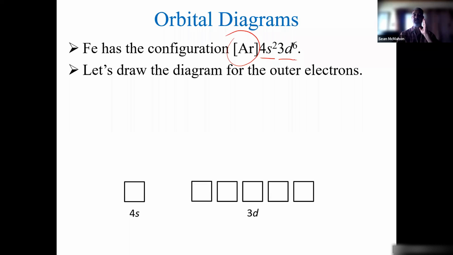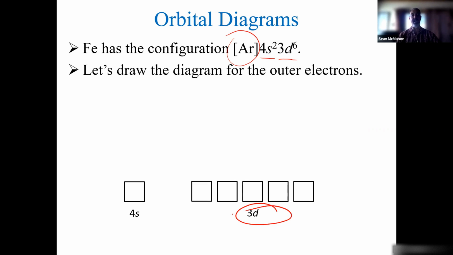The d block, if you count the d's, there are 10 columns on the periodic table. That means 10 electrons can go on that d sublevel. Each orbital can have two electrons, so 10 divided by 2 gives me 5 orbitals.